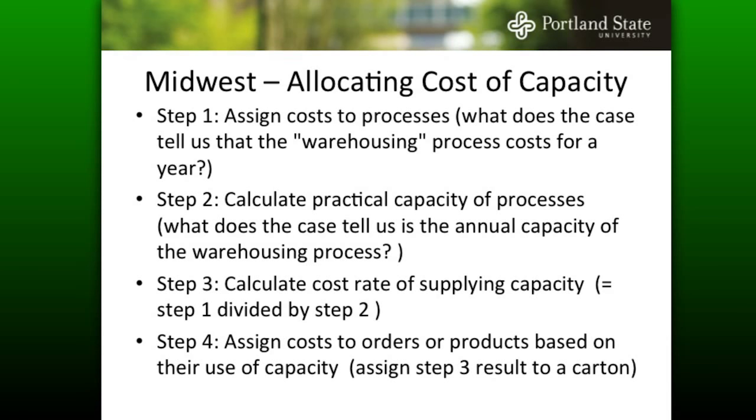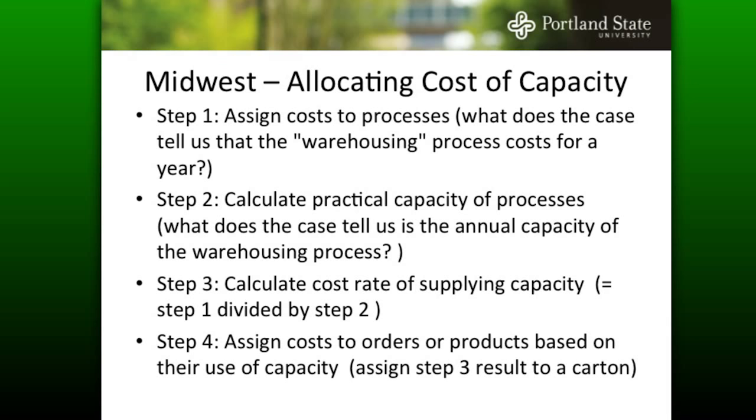First of all, we're going to assign the costs to the process. In this case, I'm using warehousing as an example. Step 2 is we calculate what Kaplan calls the practical capacity of processes. For example, what does the case come right out and tell us is the capacity of the warehousing process? Okay, if we've got the costs of the processes known and we've got the practical capacity known, then we can do some pretty simple math to get what's called the cost rate of supplying the capacity.